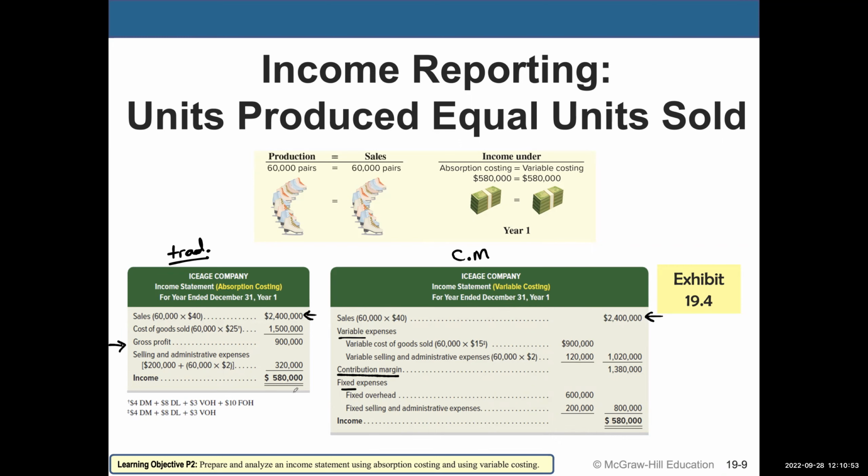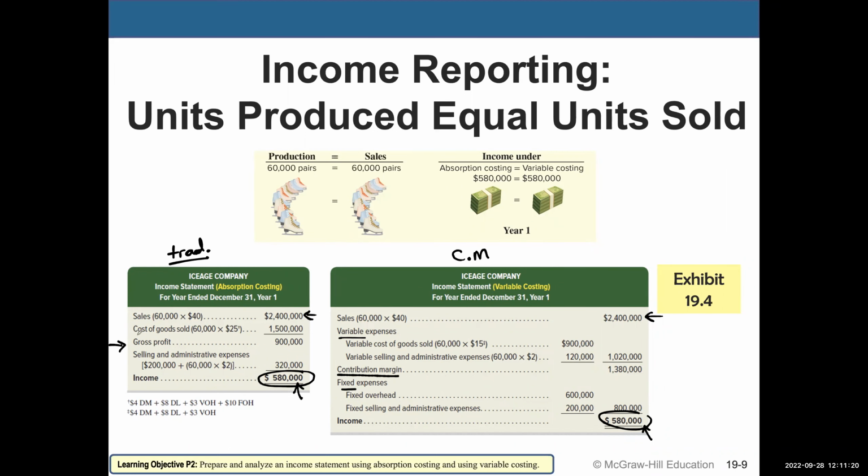In this instance, when we sell and produce the same amount, you'll notice both of these result in the same net income. In years 2 and 3, you'll notice net incomes will be different. But in year 1, when what we sell and what we produce is the same, we have the same result. So all we're doing is we're analyzing our expenses differently.